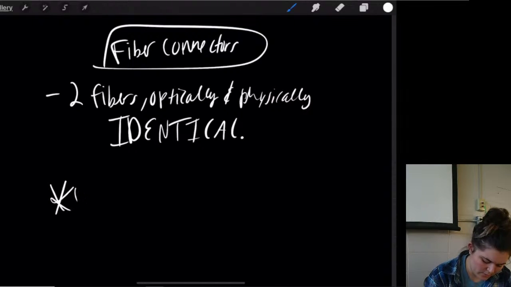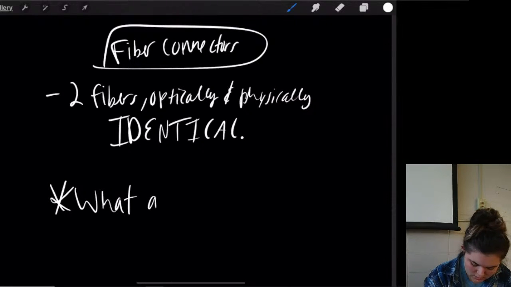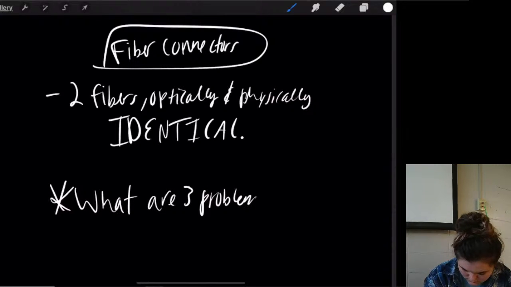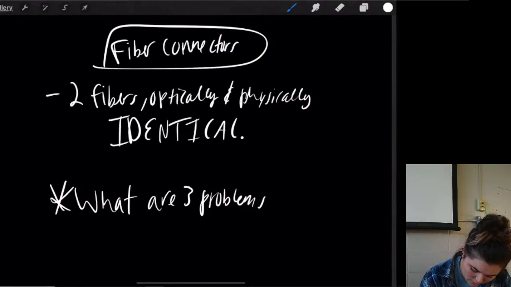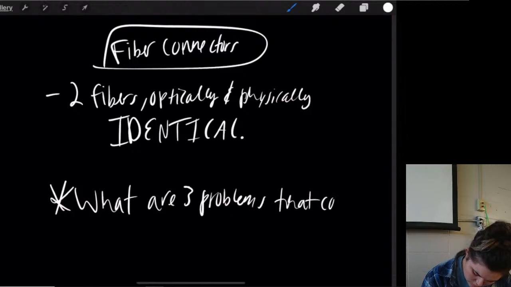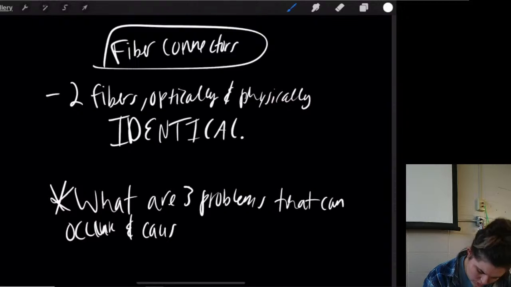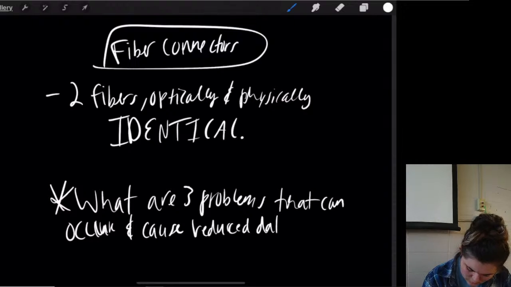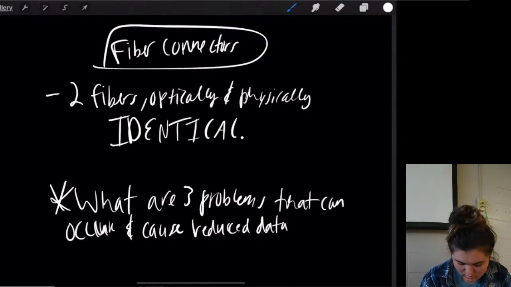So what are three problems that can occur and cause reduced data transfer in fiber optics?